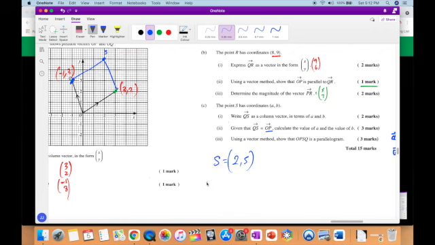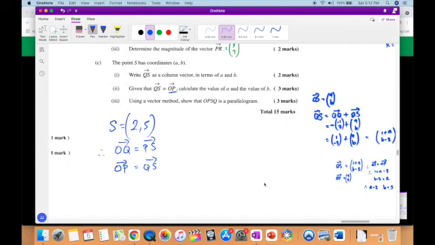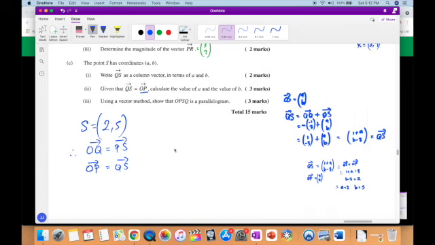So therefore I need to show that OQ is equal to PS, and I need to show that OP, which is this one, is equal to QS, which is that one.